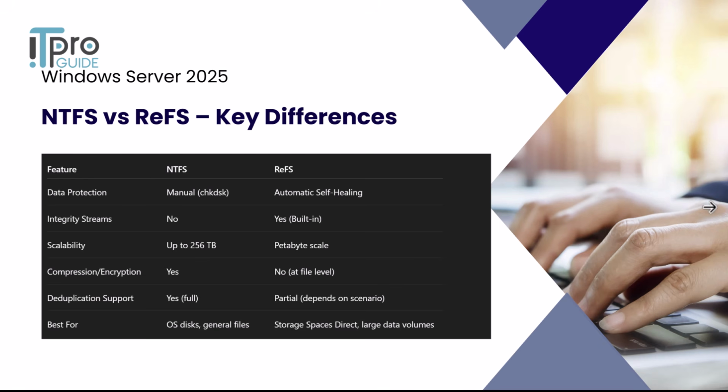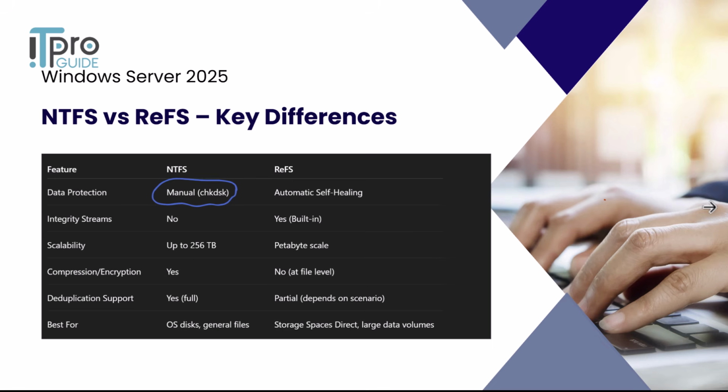Let's compare NTFS and ReFS. NTFS requires manual checks and tools like chkdsk to repair problems. I hope you remember that sometimes when you reboot the server, it goes for a check disk. But ReFS detects and fixes problems automatically, and ReFS also supports integrity streams.